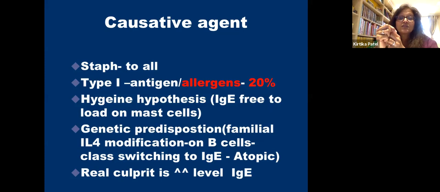Children with parents who are atopic can also get it. So in spite of not having the hygiene hypothesis, in spite of being born in Africa, I still have an allergy because I'm predisposed. So that could be the reason why we have the allergies that we see.